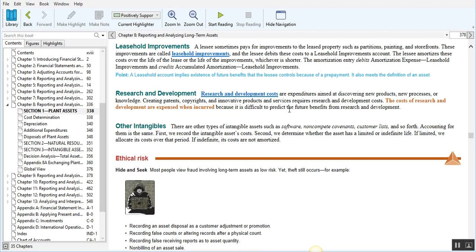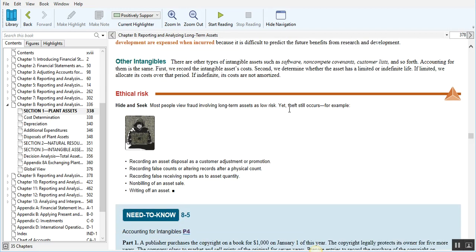Research and development costs are expenditures basically aimed at creating new products. These are the costs associated with creating patents, copyrights, and other products and services. They are expensed when they're incurred. They are not amortized. So research and development is not amortized. It's expensed. Okay, so any other intangible assets?